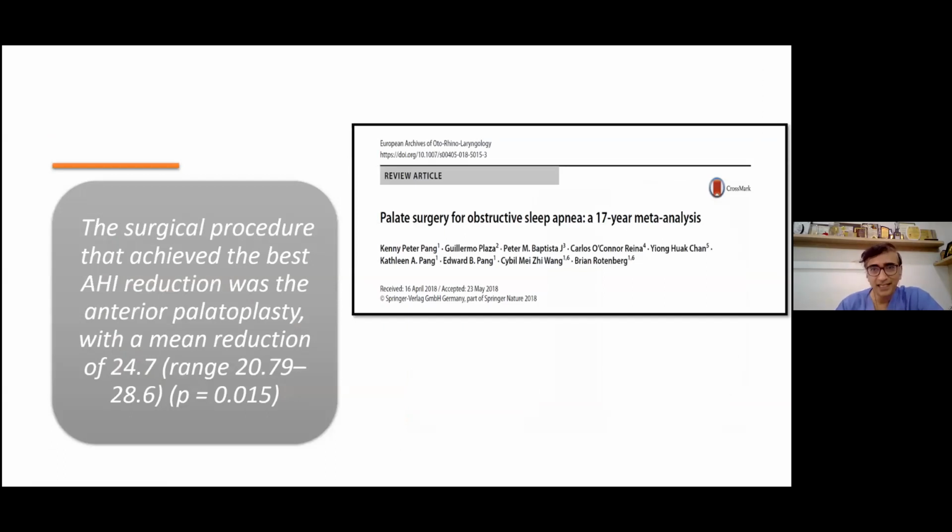In this very fantastic paper published by Kenny Pang, Brian Rotenberg, and Peter Baptista, they have done a 17-year meta-analysis, and they said that this is one surgical procedure that achieved the best AHI reduction, with a mean reduction of 24.7. So just because it is simple doesn't mean it doesn't give you results.